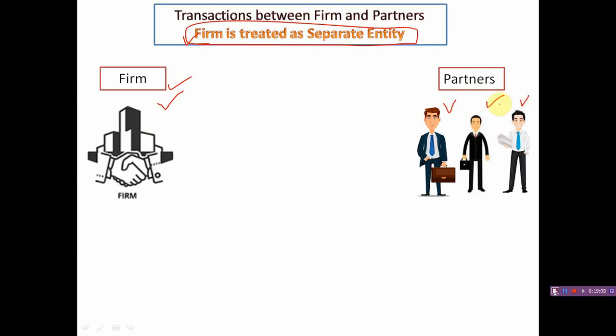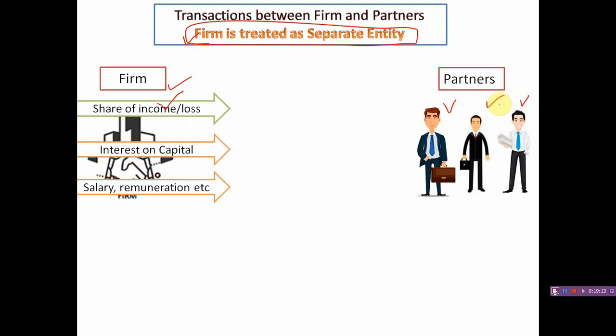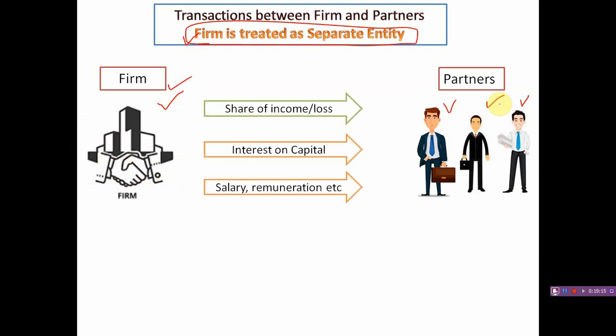So there are three transactions between the firm and partners. First one is share of income or loss, second interest on capital, third salary remuneration to the partners.